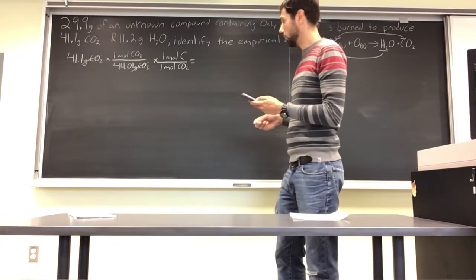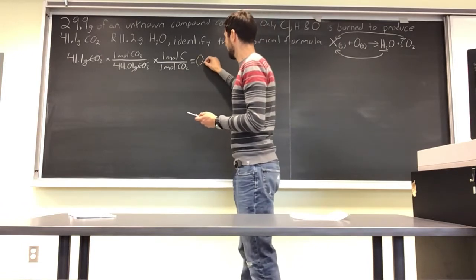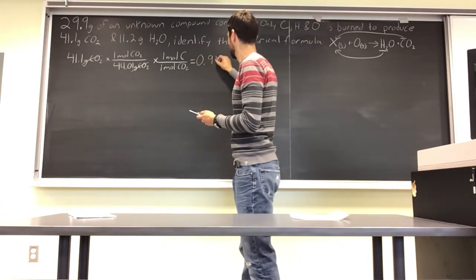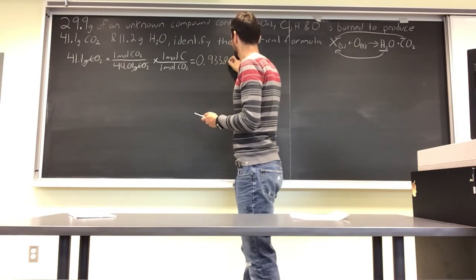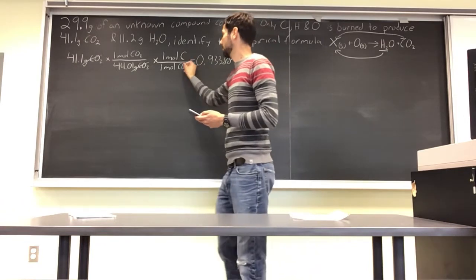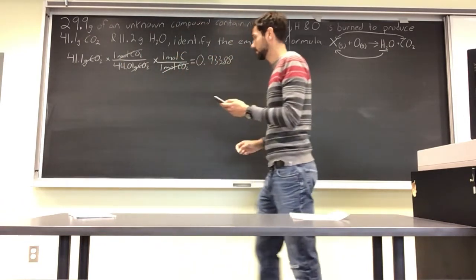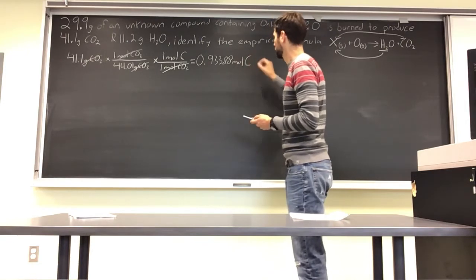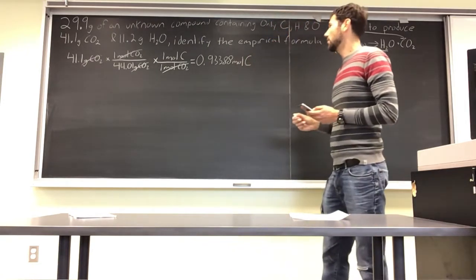And then multiplied by 1 over 1 equals 0.93388. And this is, again, moles of carbon, with carbon dioxide canceled.